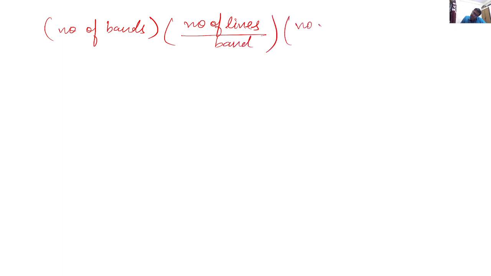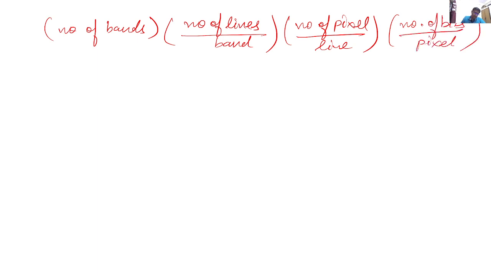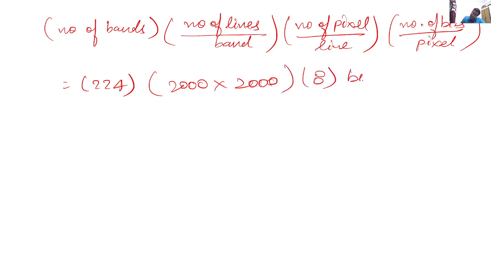We are using the same formula: number of bands times number of lines per band times number of pixels per line times number of bits per pixel. Just plug in the values: 224 bands, 2000 lines, and each line has 2000 pixels, times 8 bits.